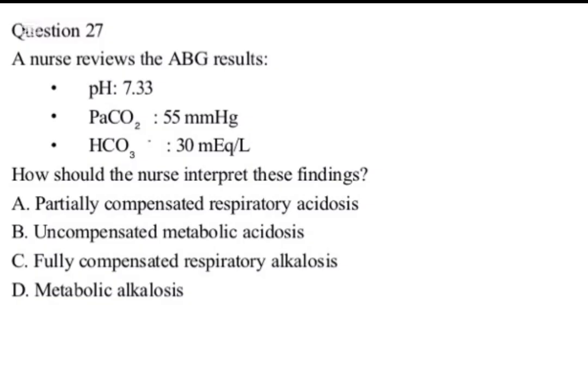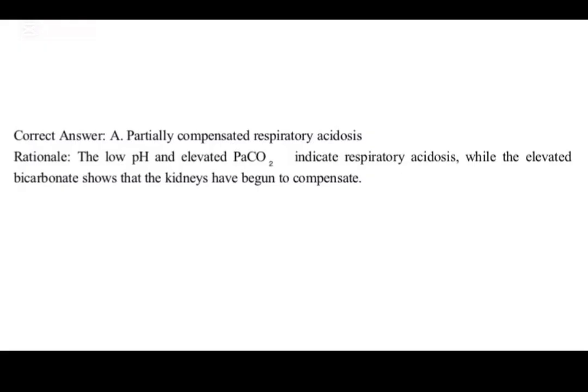C. Fully compensated respiratory alkalosis. D. Metabolic alkalosis. Correct answer, A. Partially compensated respiratory acidosis. Rationale: the low pH and elevated PaCO2 indicate respiratory acidosis, while the elevated bicarbonate shows that the kidneys have begun to compensate.